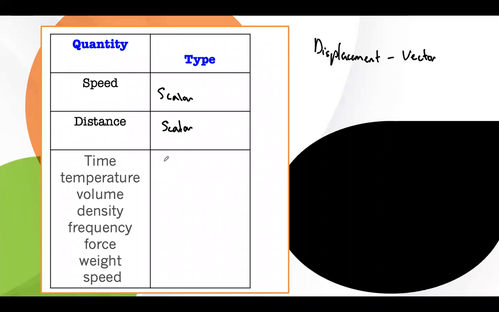All right, what about time? Is time a scalar or vector quantity?